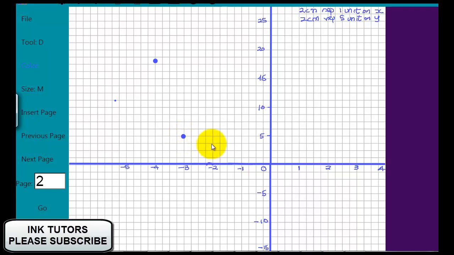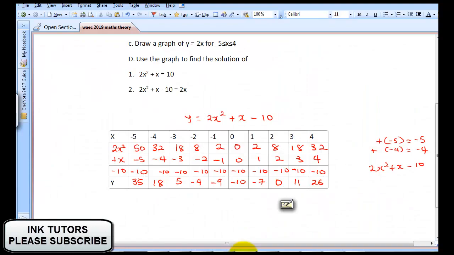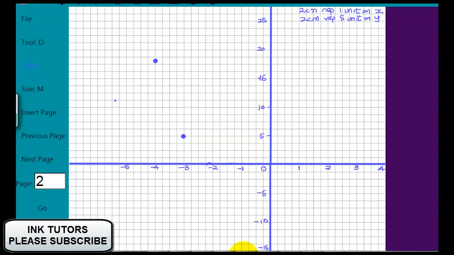The next one says when x is minus 2, y is going to give us minus 4. So this is minus 2. Now minus 4 is going to fall around here. This is 5, if we subtract, 4 is going to be somewhere around here. That will be 4.